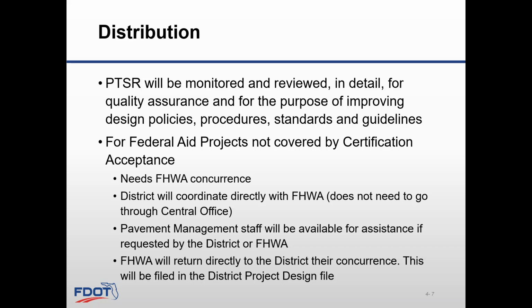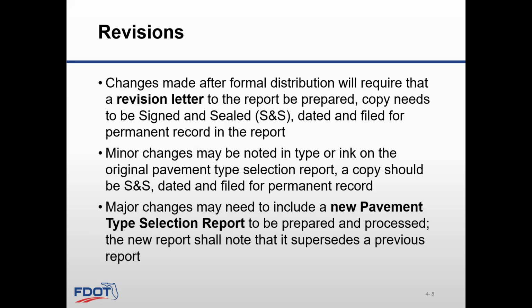FHWA will return directly to the district one copy of the summary sheet with signature denoting concurrence. This copy will be filed in the district project design file. Changes made subsequent to formal distribution will require a revision letter added to the report.